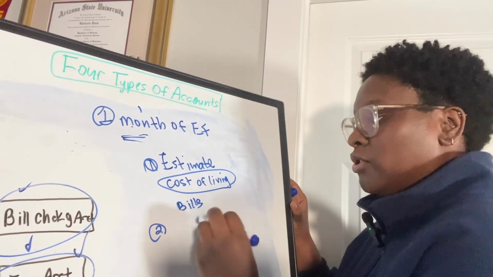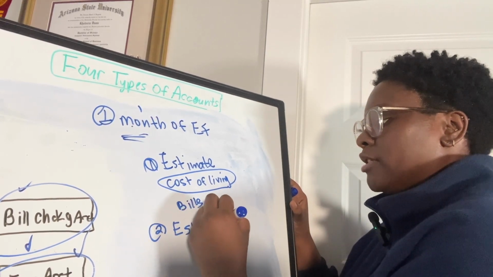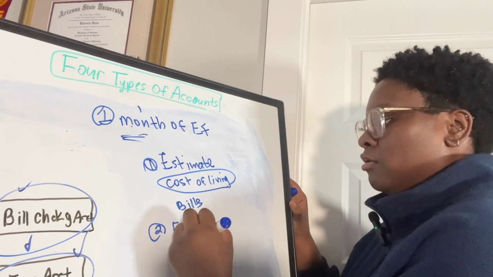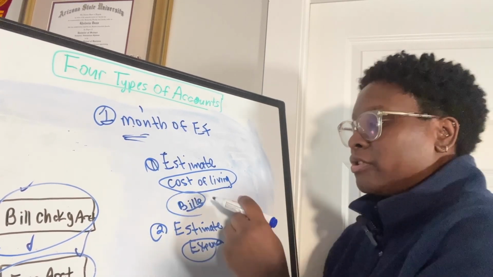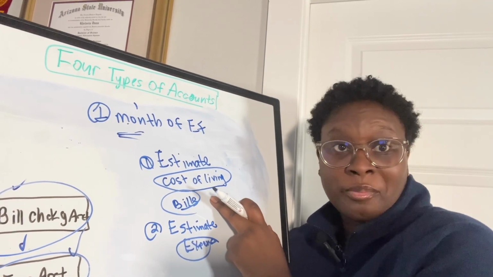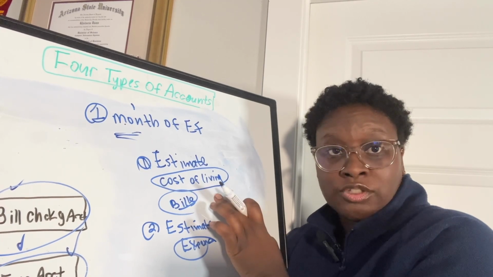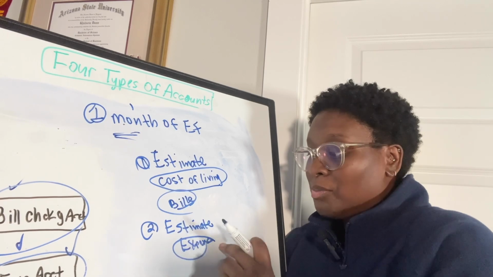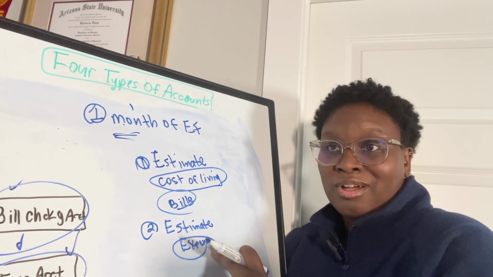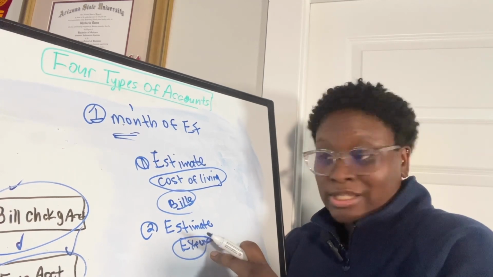The second thing I would do is make a really good estimate of your expenses. So bills are like things that have to get paid no matter what. Your lights, your electricity, water, rent, mortgage, whatever it is, I consider that a bill. Expenses are things that you need, they're not necessities, but they're necessities, like groceries, gas.